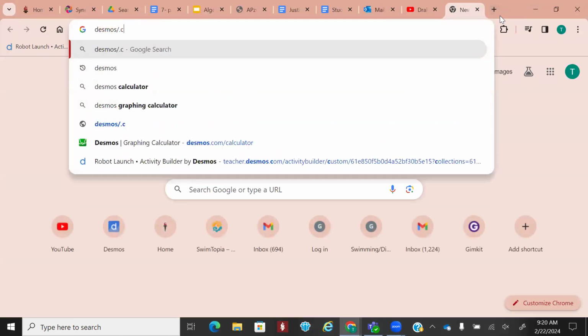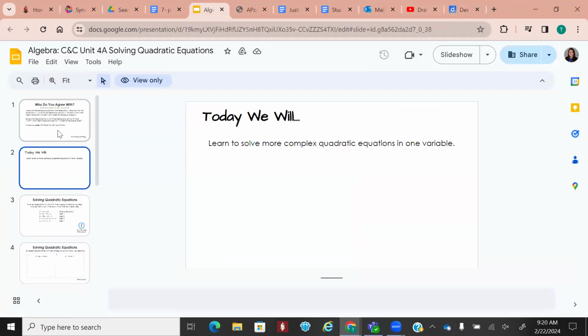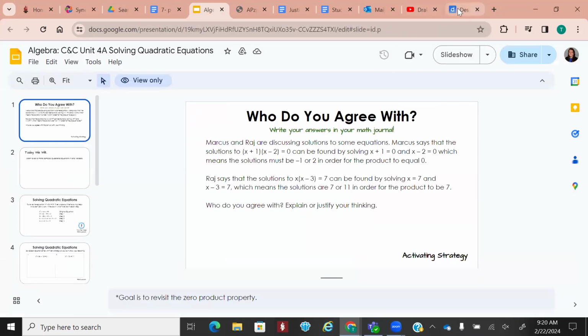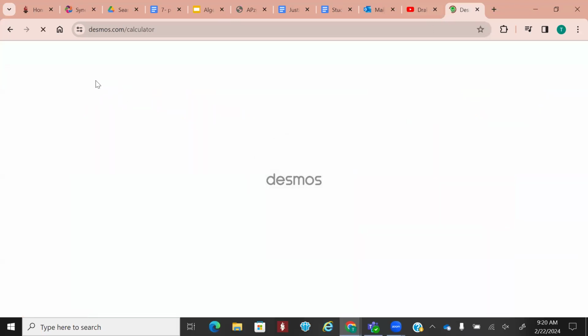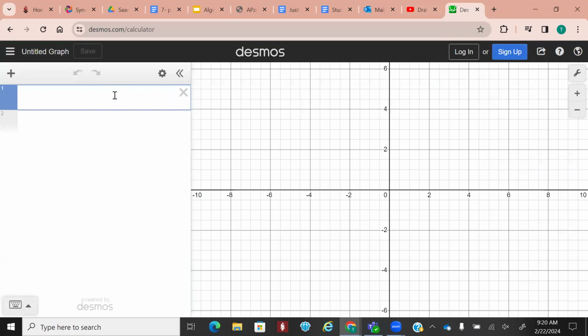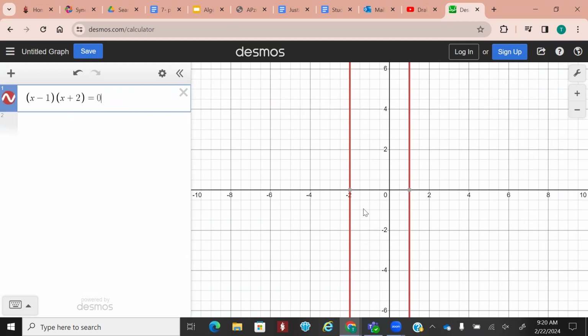okay, Desmos. We're going to type this in exactly how they have it. x plus 1, x minus 2 equal to 0. X minus 1 times x plus 2 equals 0. Where does it cross the x-axis? At negative 2 and 1, right? And that's what he said it did.